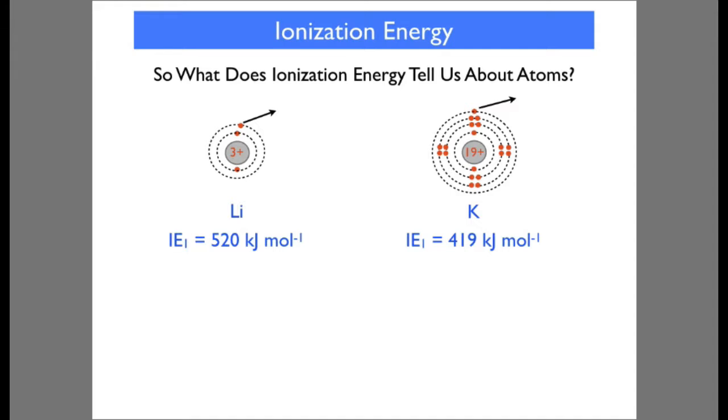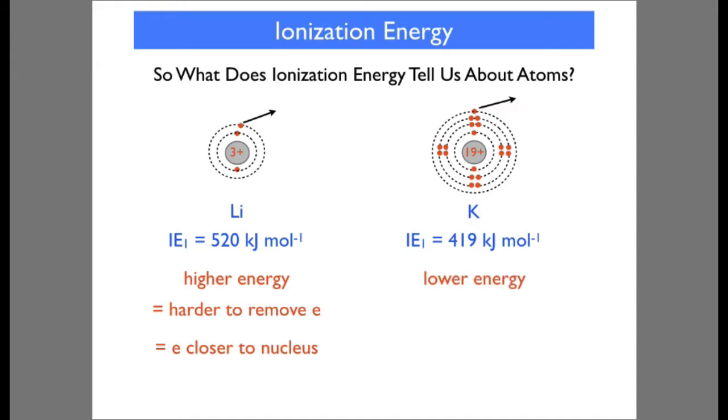So what does ionization energy tell us about atoms? Let's have a look at these two. You can see that lithium has a higher first ionization energy, and so it will be harder to remove an electron because the electron is closer to the nucleus than in potassium, which has a lower ionization energy, so it's easier to remove the electron, and that's because the electron is farther away from the nucleus.